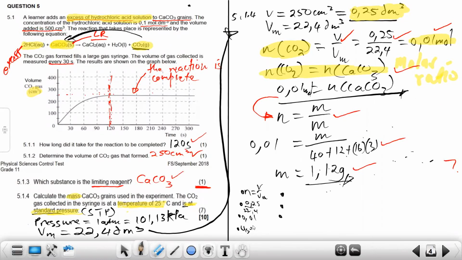The learner used the molar ratio 1:1, so the learner now has the number of moles in this equation, we give another 1. The learner then substituted 100 grams per mole into this equation. The last one is the final answer, correct. So these are the bullets that we are looking for.